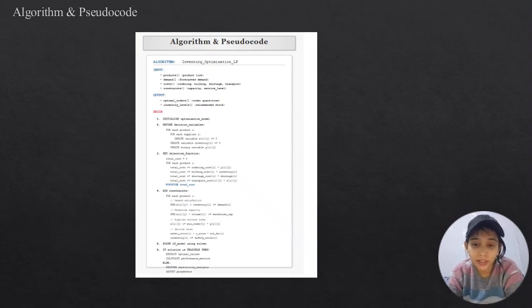Next, the objective function is formulated to minimize the total cost. Constraints such as capacity, demand satisfaction, and non-negativity are added. The linear programming model is then solved, and if the solution is feasible, the system extracts optimal order quantities, recommendations, and inventory levels. Otherwise, parameters are adjusted and the model is rerun. That's all for this slide.